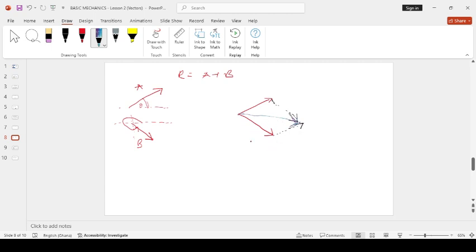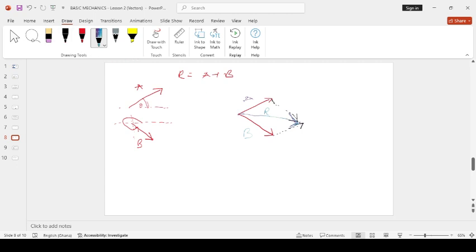So let's say this vector here was the vector A, the vector here was the vector B, and now we have this diagonal, which is a vector R. So we can say confidently that this vector R here is the resultant of the two vectors A and B. I hope you understand it.